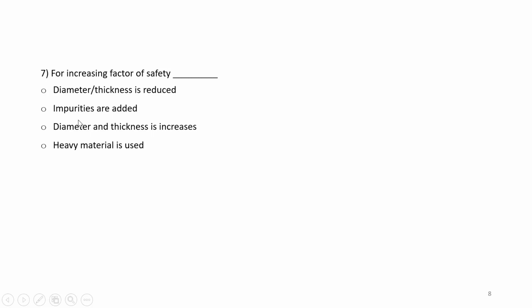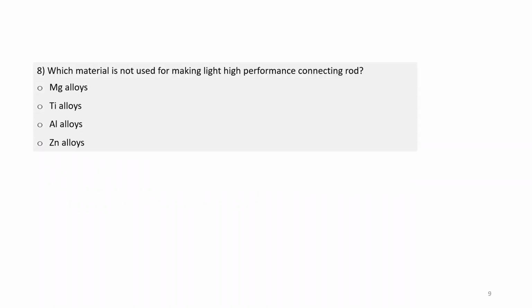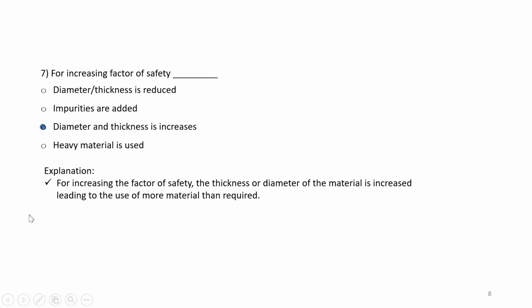Cross section can be diameter or thickness. So answer will be the third. For increasing the factor of safety, the thickness or diameter of the material is increased, leading to the use of more material than required. But we use extra material so that the machinery and the design will stay safer for a longer time.